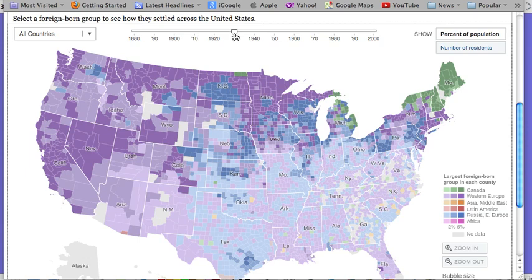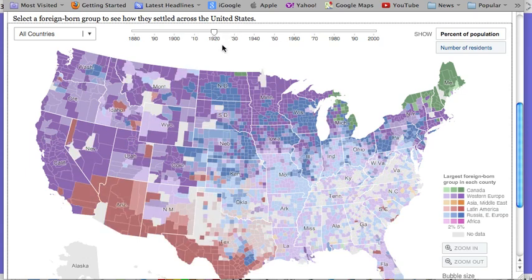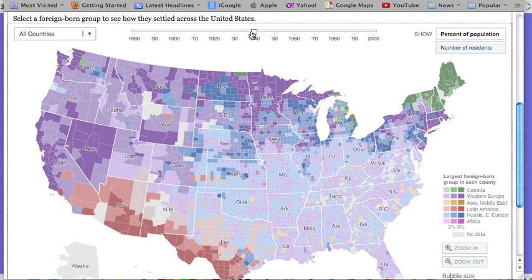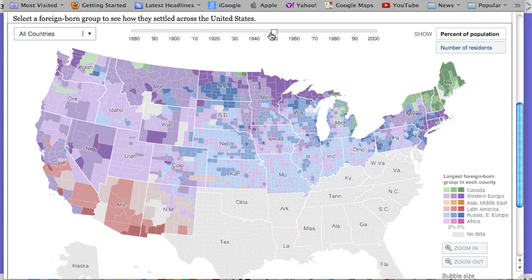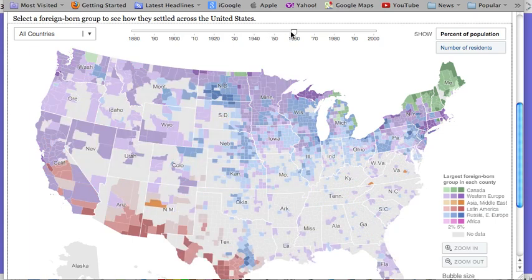It's very possible, because we do see Hispanic population in the Southwest area, that these were possibly not legal immigrants, so they would not be counted in that number. And then as you move toward 1950 and 1960, the immigration laws changed, and it did not reflect the 1920s anymore.